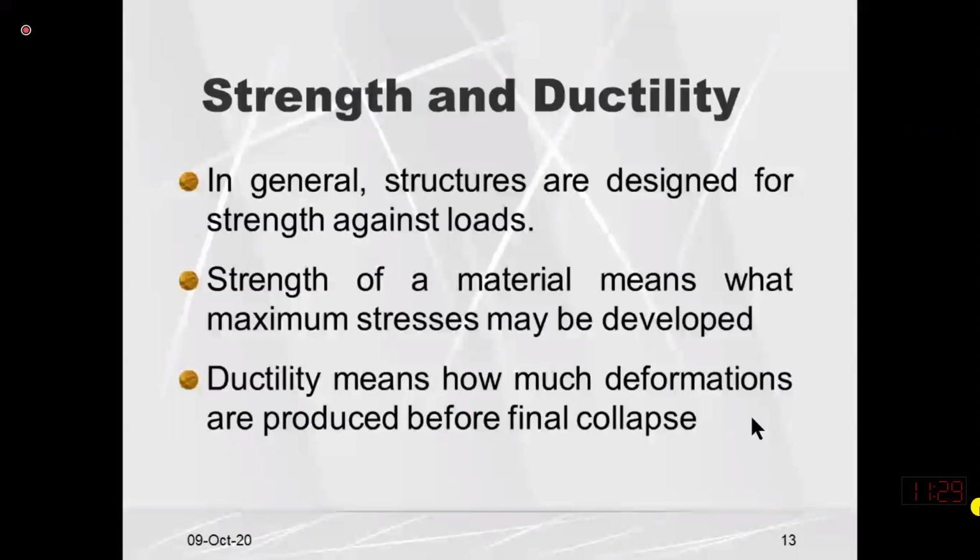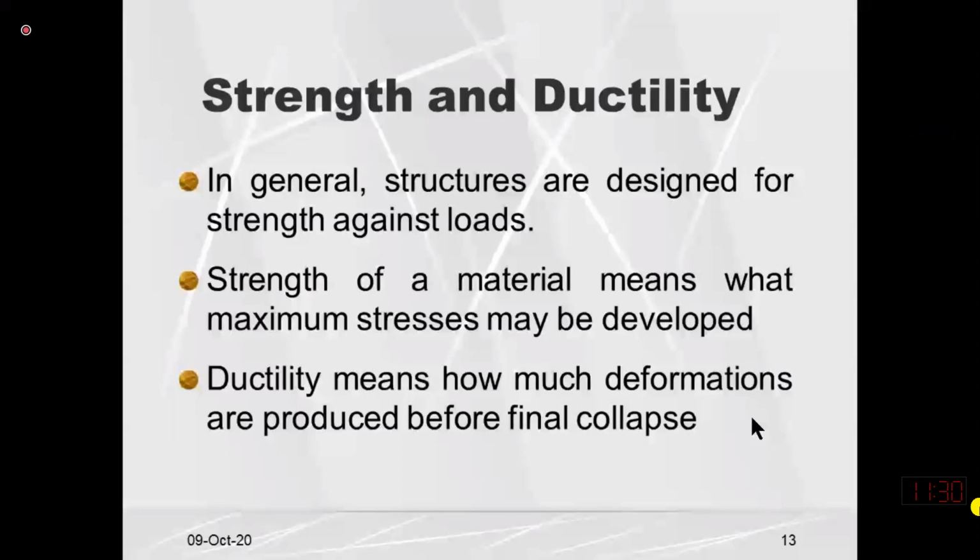If the applied stress is more than 200 megapascal, the structure will collapse or fail on paper, but actually it does not fail because I put the limit. Similarly, if ductility or deformation is more than a certain point, I will assume that the structure has failed, although it will not actually fail.